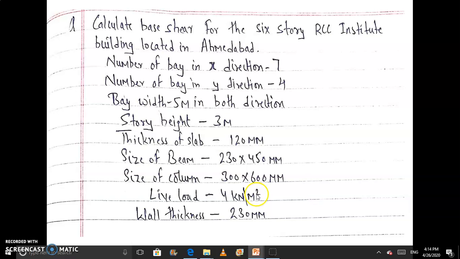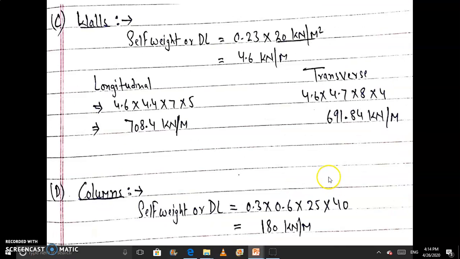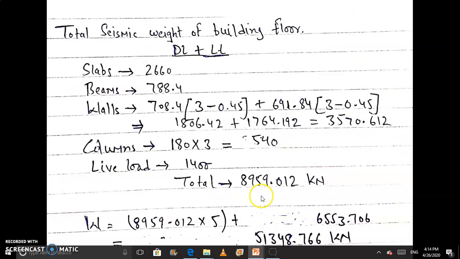But in our IS 1893 2002 there is a clause: for above 3 kilonewton per meter square we have to take 50% of the live load. That's why we take 50% of it, so 2, and we multiply with the area. So directly here we get 1400 as the value.